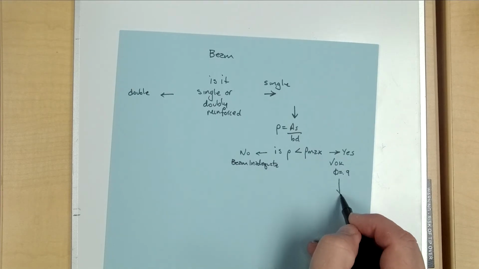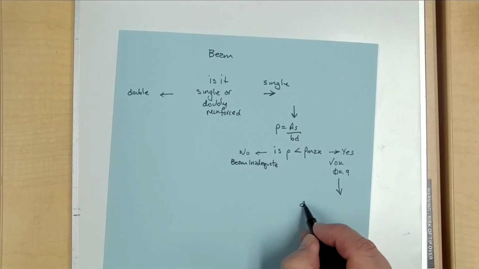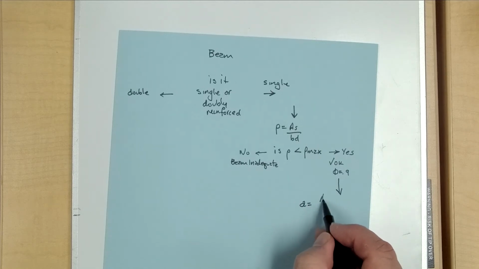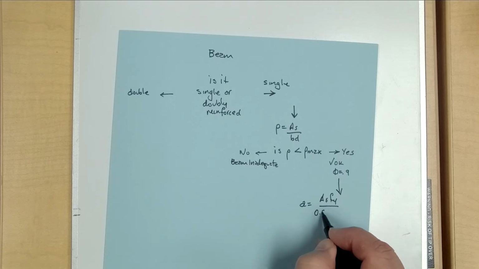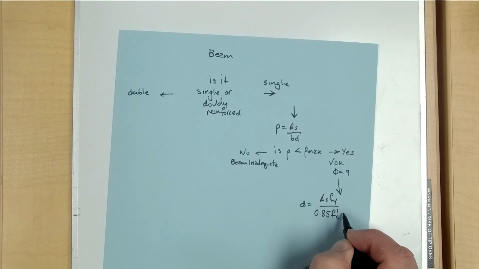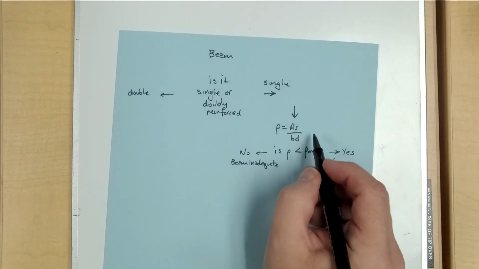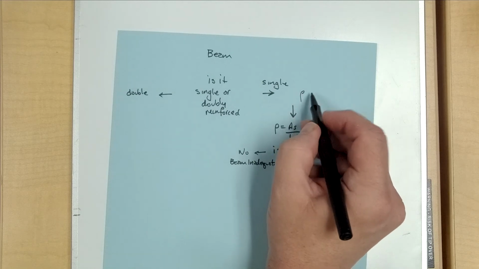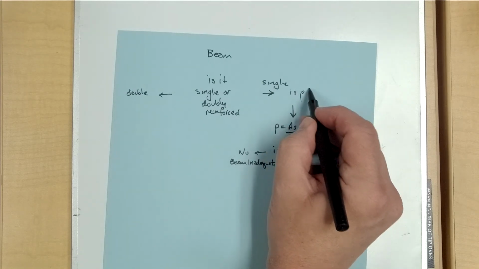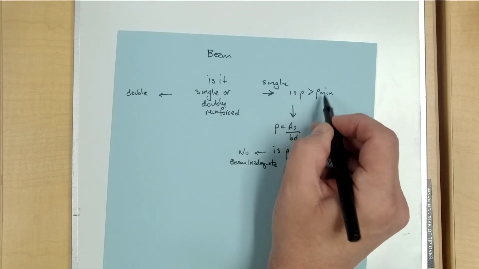If it is okay, we go down, we calculate a is equal to A_s f_y over 0.85 f'c b. We had one other check up here, right? So we have rho, is rho greater than rho min?